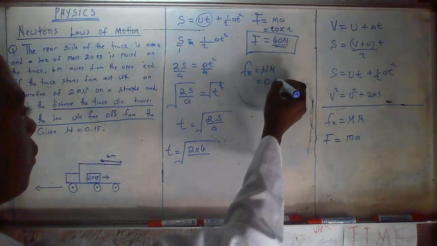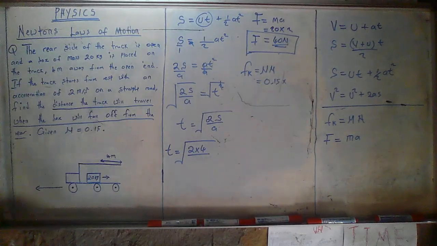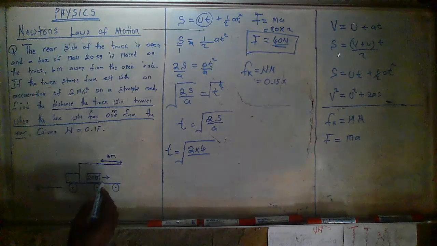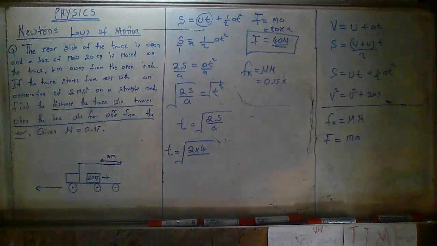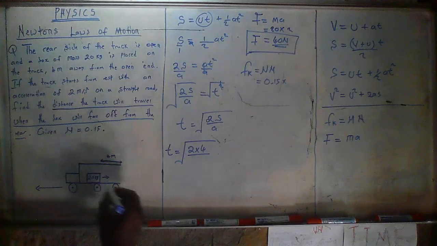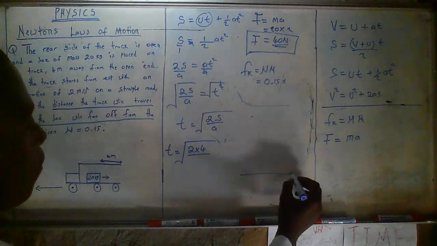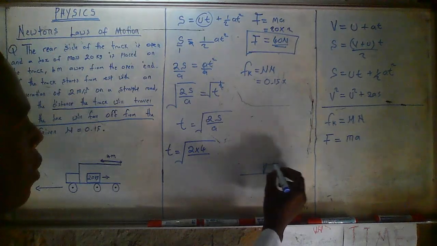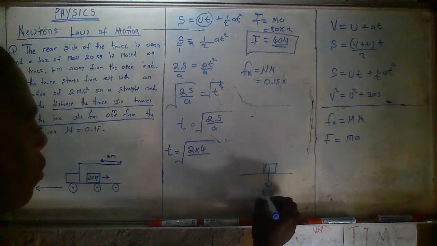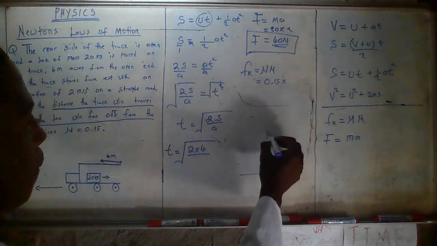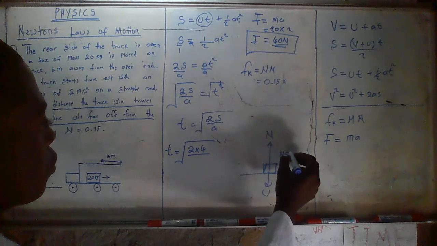We have been given the coefficient of friction to be that. The normal force for the box, what is the normal force for the box? Since it is on a horizontal surface, it is equal to the weight. So in this case, the normal force is equal to the weight.